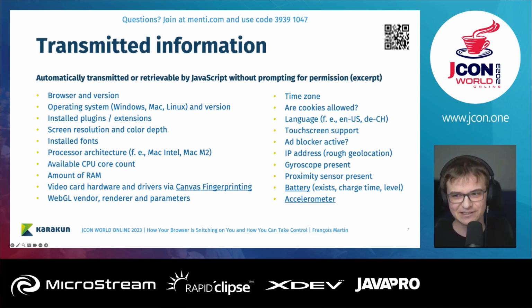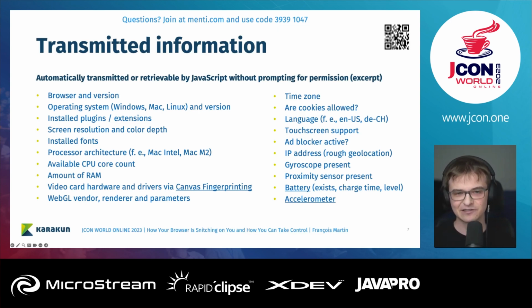Is it charging or not? Even what is the battery level? Which is kind of crazy to me that this is transmitted, or available through an API. And also how long until the battery is full, or how long until the battery is discharged. I could imagine probably this was thought of as a feature if you want to, for some reason, use this data on a website to display it. I don't know why you would need that, but that's another topic.